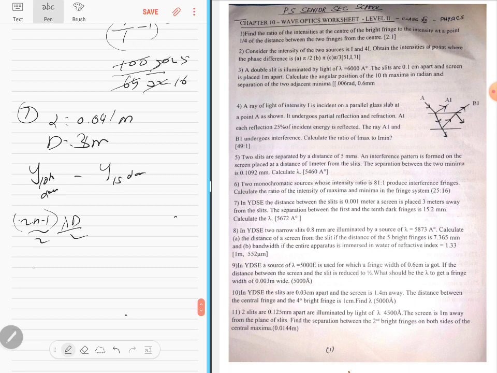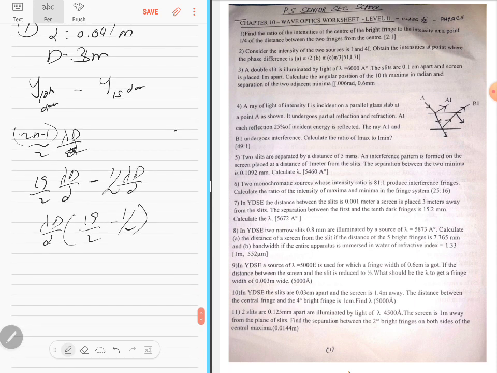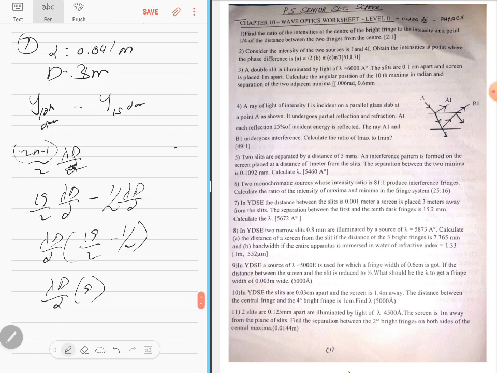Substitute n equal to 10: 19 by 2 into lambda D by d, minus the first dark fringe, which is 1 by 2 into lambda D by d. Lambda D by d can be taken out common: 19 by 2 minus 1 by 2, which is 18 by 2, itself 9. So you know lambda, has lambda been given?